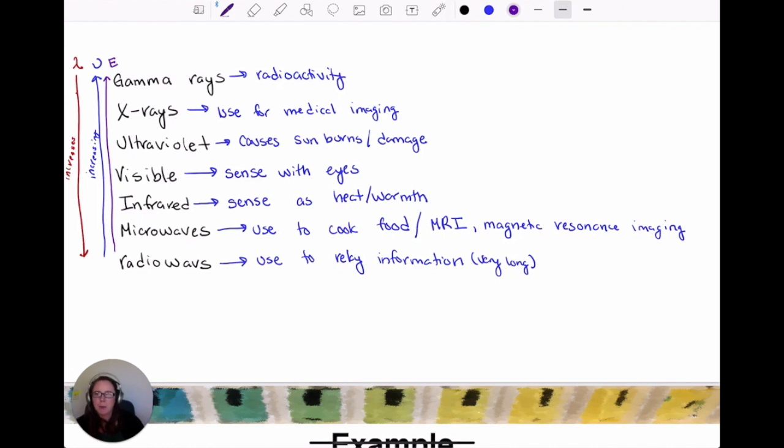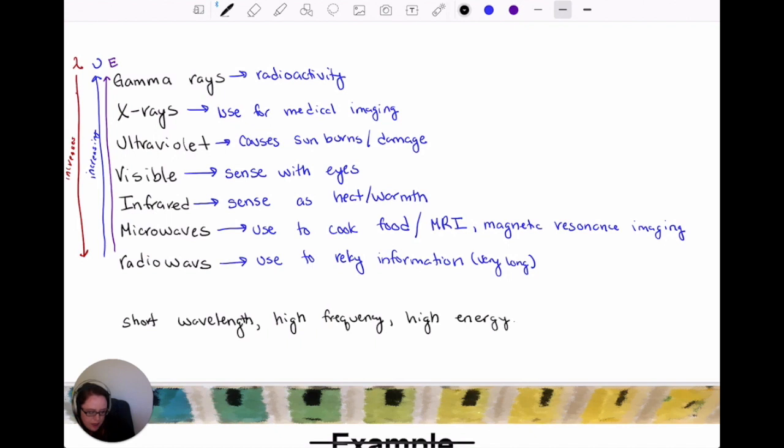So anytime you have a short wavelength, it's going to be high frequency, high energy. It also tends to be the most damaging. So when we have our short wavelengths, there'll be high frequency, high energy, and they will also cause damage to tissues and DNA.